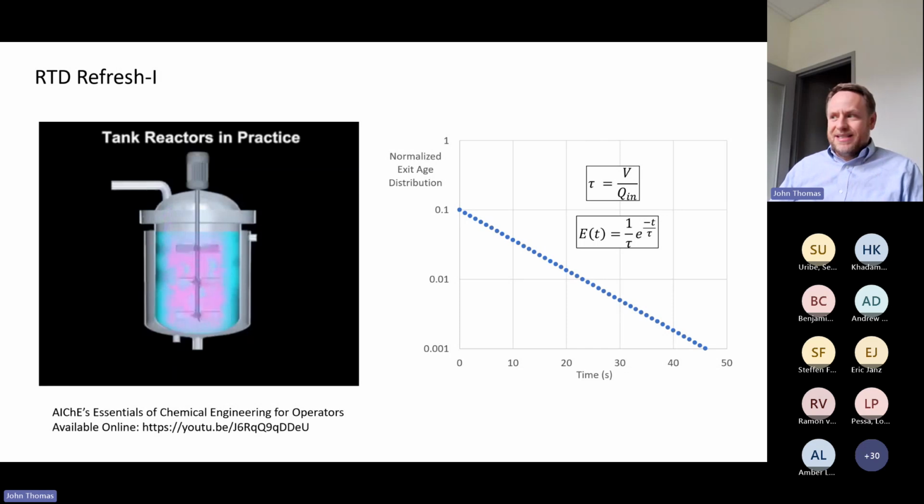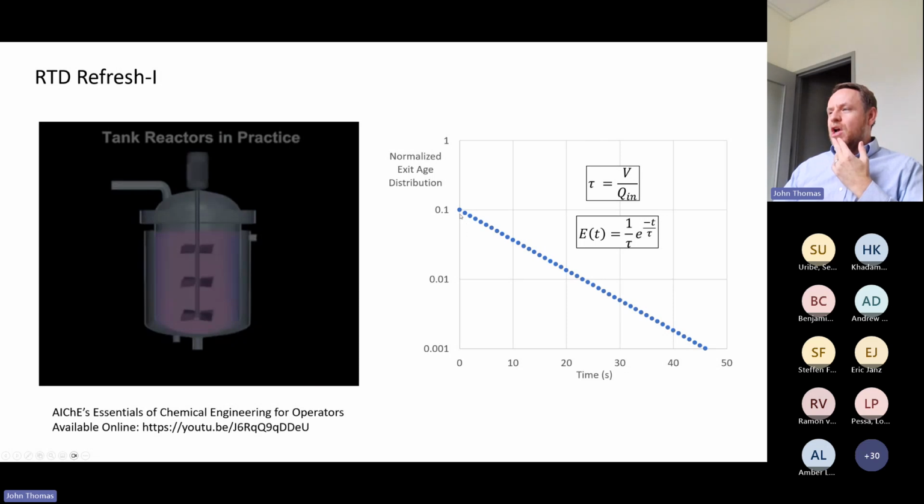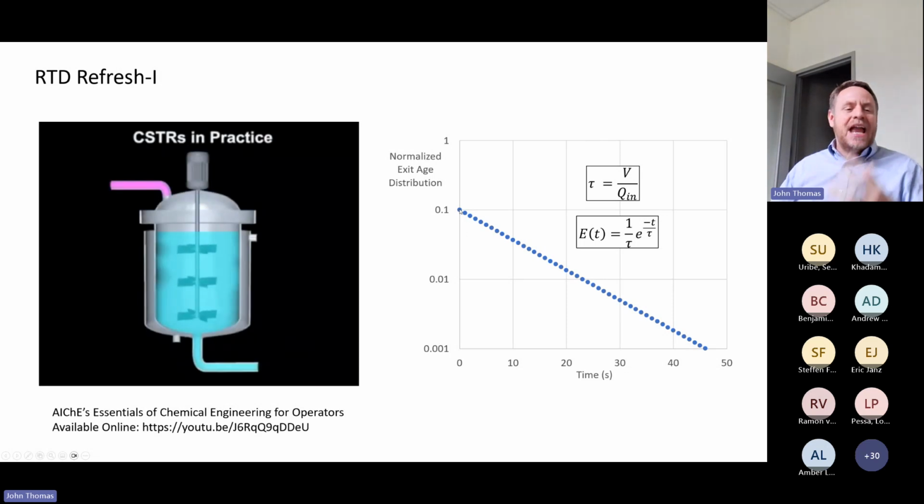This describes to us how long, on average, fluid parcels are staying inside the system, right? For a well-stirred system, an ideally stirred system, as it were, we can predict what the exit age distribution should be from first principles. And we know it's going to be some exponential function. This is semi-log here, note, wherein the age of the molecules, the fraction of those old molecules that leave the system, fewer old molecules leave the system is basically what the plot's telling us.